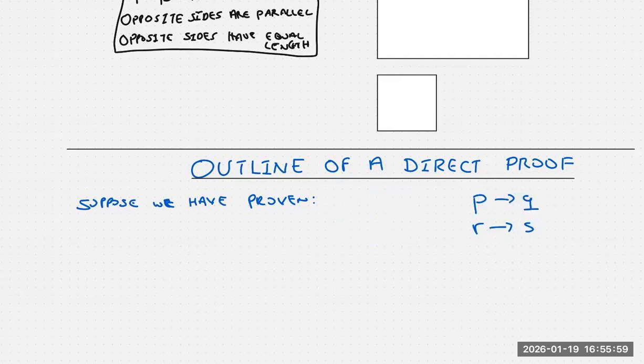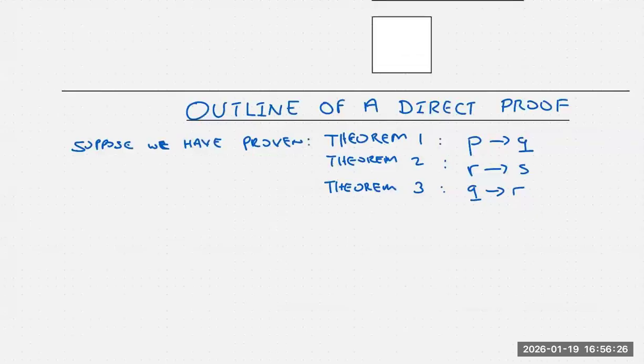Suppose we have proven, let's call it theorem 1, that P implies Q. We have proven the next theorem, theorem 2, that R implies S. We have accepted it to be true, but in this case, once a theorem is proven, we've also proven that theorem 3, Q implies R. And you want to prove that P implies R.